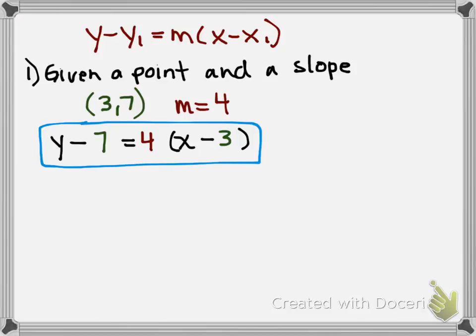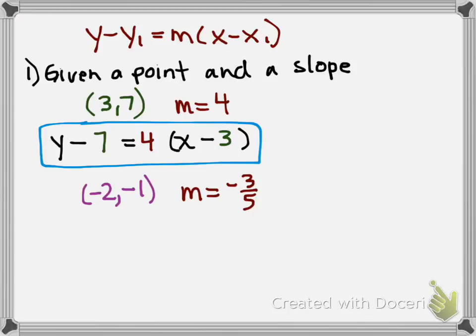Let's do one where we have negatives so that you can see how that changes things. So let's do a different point. Let's do -2, -1, and let's have a fraction slope. M equals -3/5.